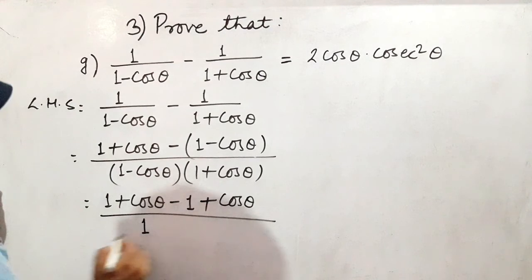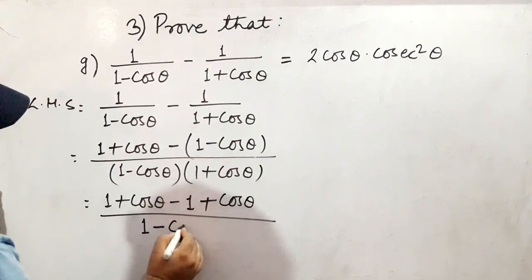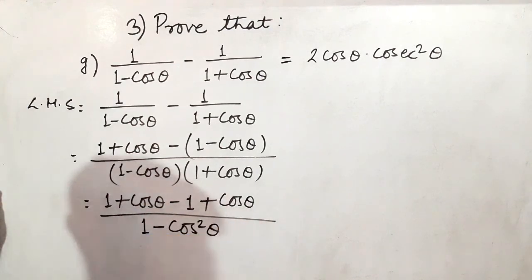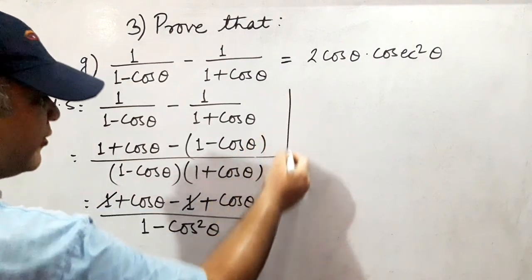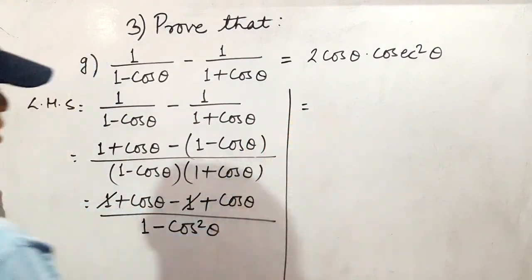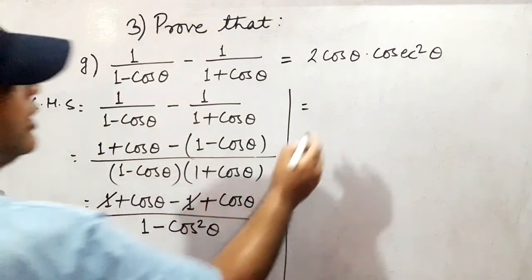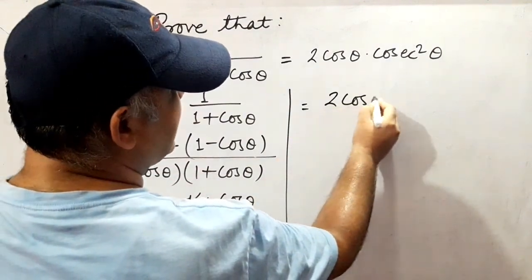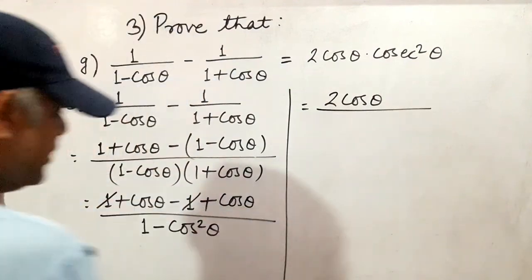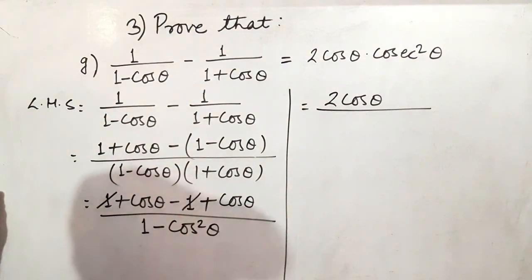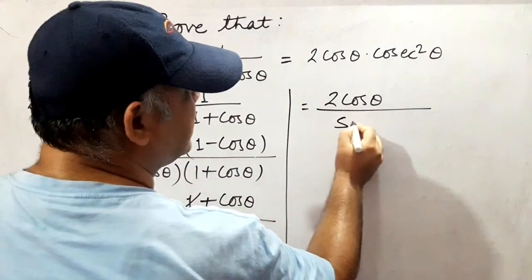So 1 square, that is 1, minus cos square theta, minus 1 plus 1, they get cancelled. Now we have cos theta plus cos theta, 2 cos theta by 1 minus cos square theta, which is equal to sin square theta.